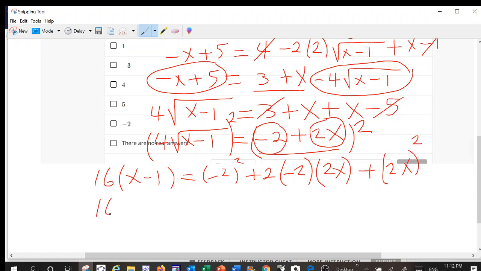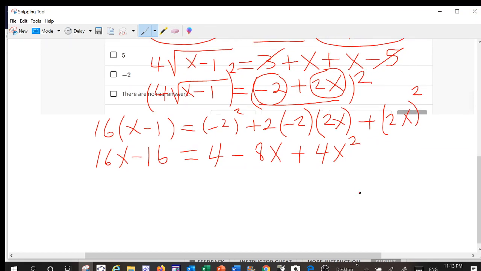So this would be 16x minus 16 equals 4. Now, minus 2 times 2 times 2 is 8. Plus 2x squared is 4x squared. All right, now this is something we can solve because it's quadratic. So we're going to move everything to the right-hand side and make this side 0. I'm just going to write them for now, doesn't matter in what order.